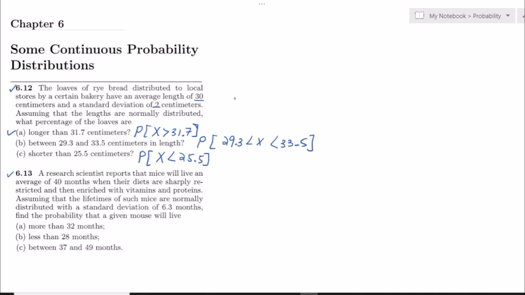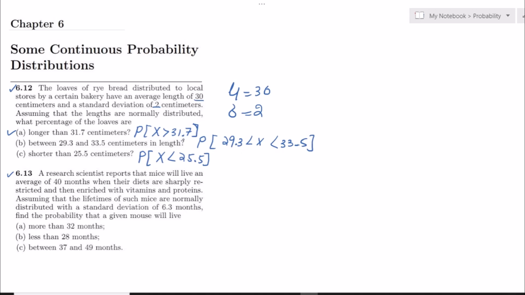It should be known here that the value of mean is 30, the value of sigma, which is the standard deviation, is 2. All of these quantities are in centimeters.